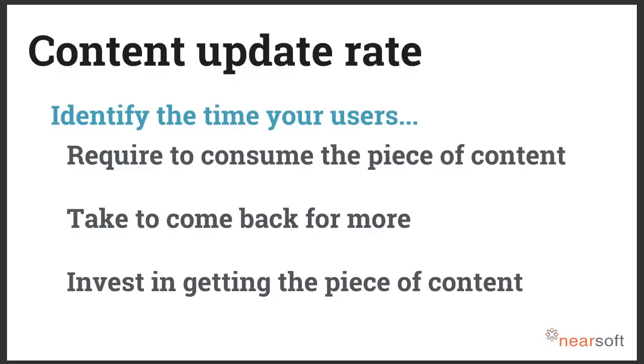For example, for a tweet, it's gonna be like 2 or 3 seconds maybe. But for a recipe, you need to read it, get the ingredients, actually cook the meal, and then wait at least a couple hours to start cooking again. So this is gonna take some time.